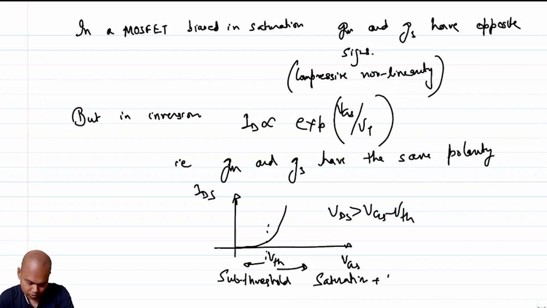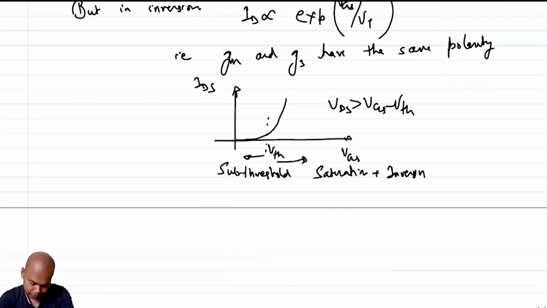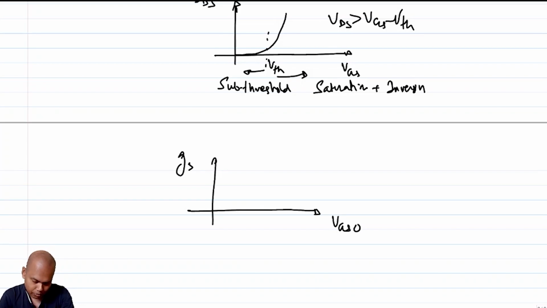If you do that and then differentiate this plot to get GM and G3, what you are going to see is that if you plot G3 with respect to VGSQ, you are going to see a plot like this. We expect G3 to be negative because of a compressive nonlinearity, which means we expect G3 to be somewhere here.